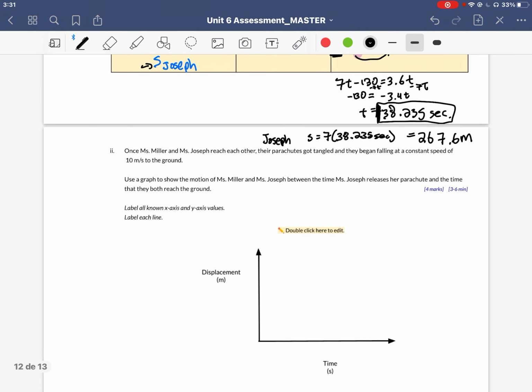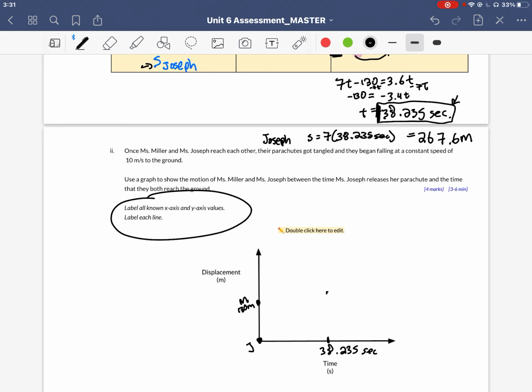All right, looking at the graph, notice you do need to label what's going on. So let's say that Miss Joseph is starting here. If Miss Miller starts here, well, I know that this needs to be at 130 meters. And I know that they're going to hit each other, which I just calculated at 38.235 seconds.